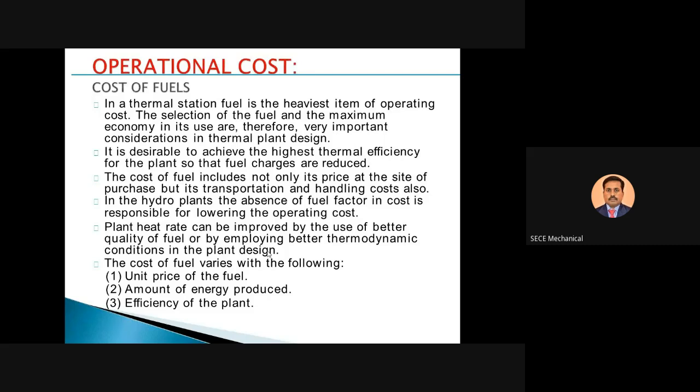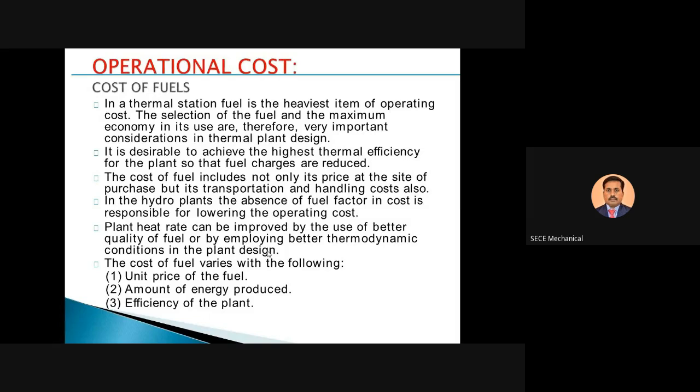If we use fuel, we have to use it according to the power plant requirement. In a coal-based thermal power plant, pulverized coal is used. If you receive coal from a coal mine, it will be of different sizes. Then you have to treat the coal, use a dryer to remove the moisture, use coal handling devices, and use coal sizers.